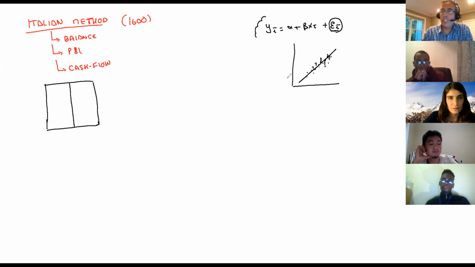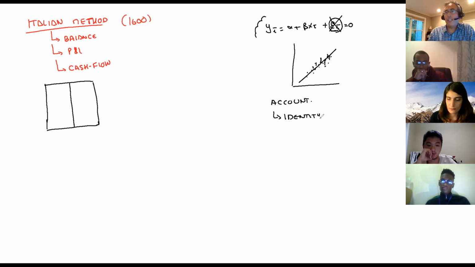Why? Because in accounting, this term here must be equal to 0. Okay? And where does this accounting property come from? In accounting, guys, we don't have econometric regressions. In accounting, what we have is an identity. An identity implies that you must always satisfy this condition.